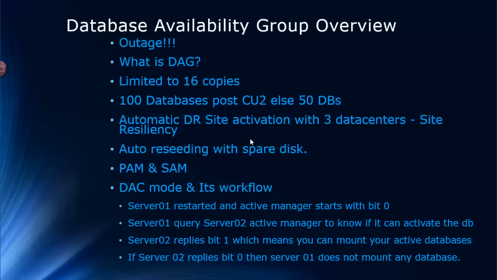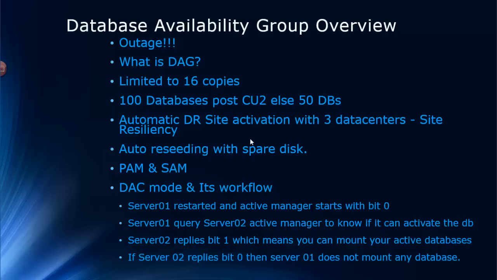The next feature is auto-reseeding with spare disk. This is another very nice feature which has come with Exchange 2013. What it's going to do is replace the disk with a new one in case one disk fails out of the bunch of disks.